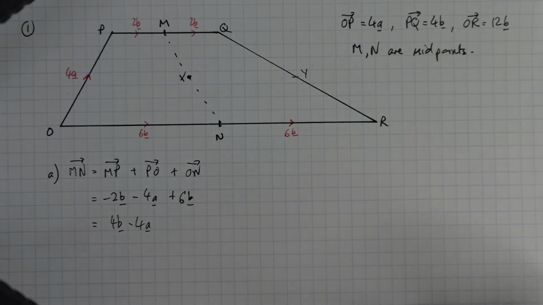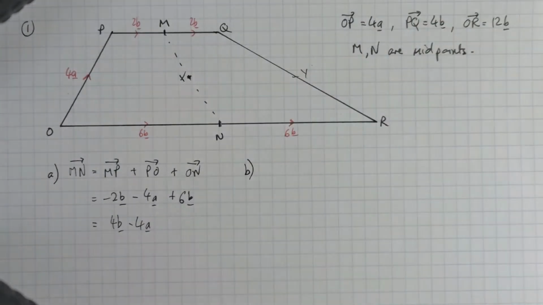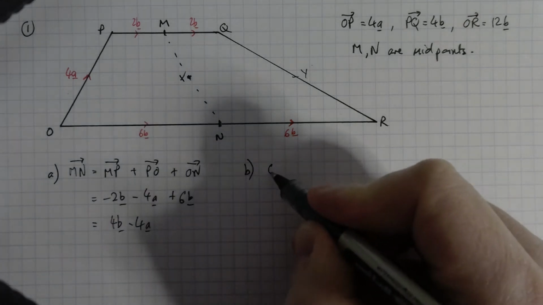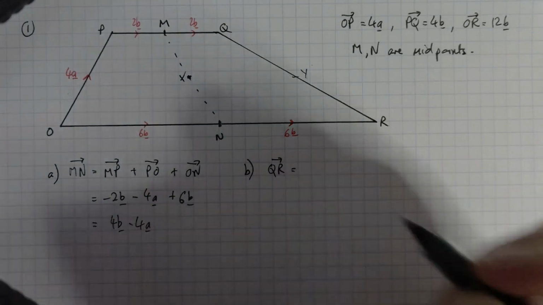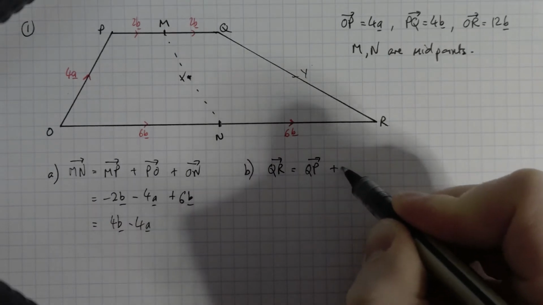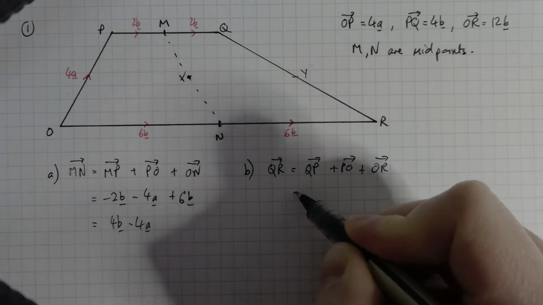All right, then what I've got to get from X to Y then, I noticed that it would be useful to use this road at some stage. So before I work out XY, which is ultimately what I'm trying to do, I'll work out QR first. To get from Q to R, I'll have to go QP, then PO, then OR.